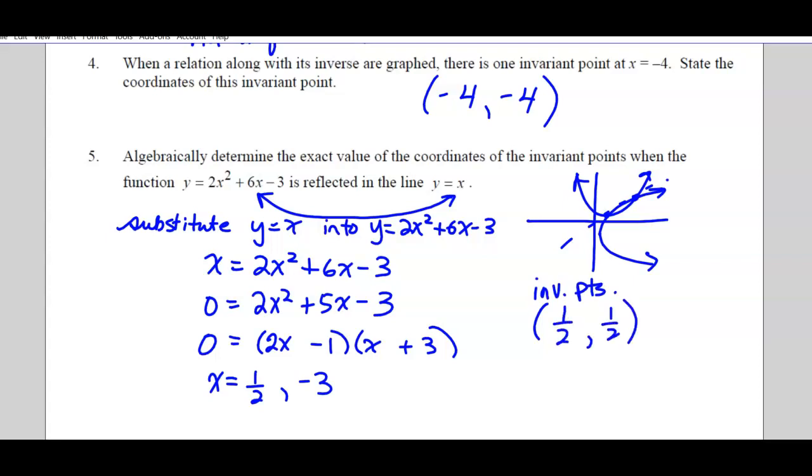You don't have to do any other work, but you are asked to show them as coordinates. Okay? So, common question on tests like that.